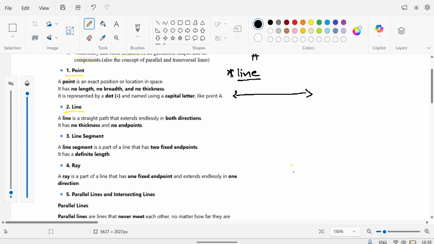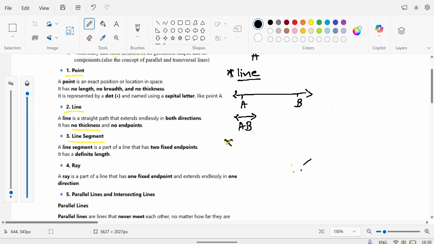Its length is infinite. If we want to denote a line, here A and here B. To represent a line mathematically, write A and B together, and upon that the symbol of a line. Another thing is that a line has no thickness.